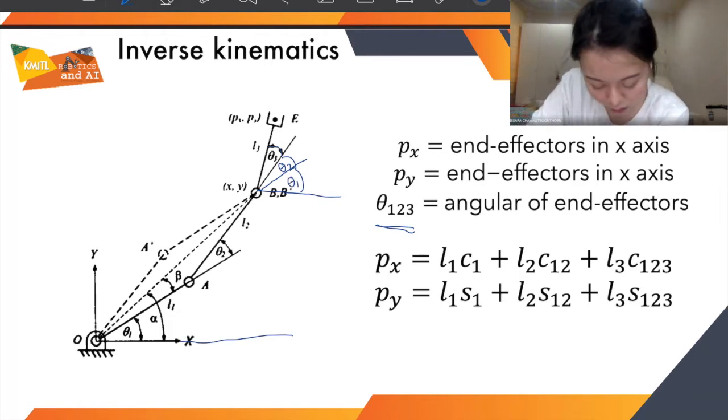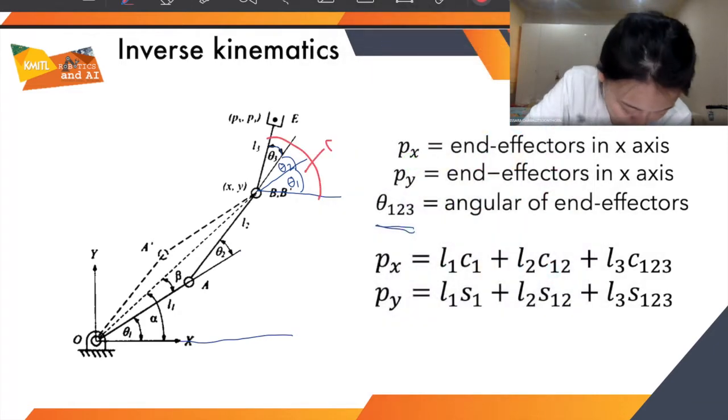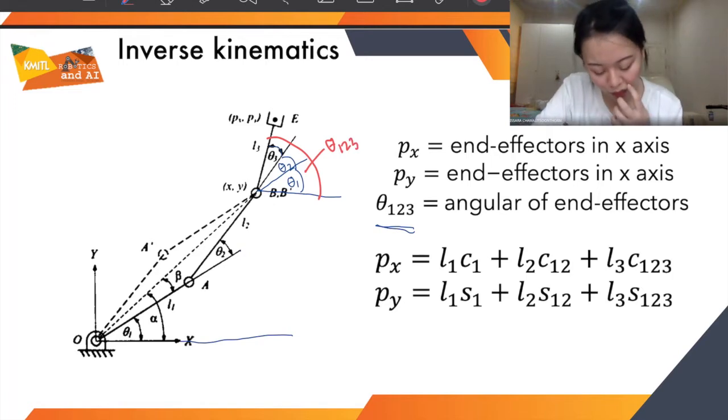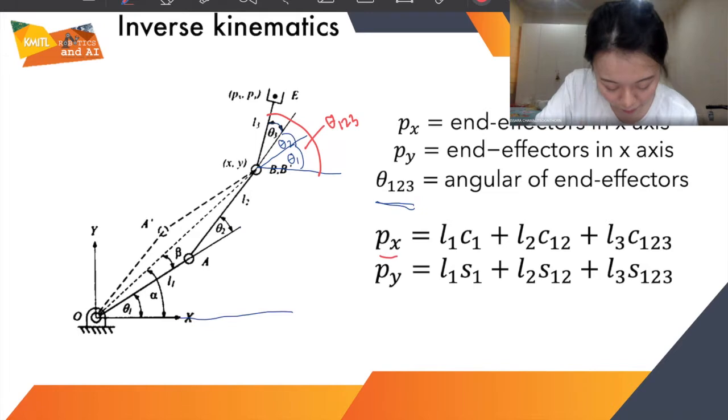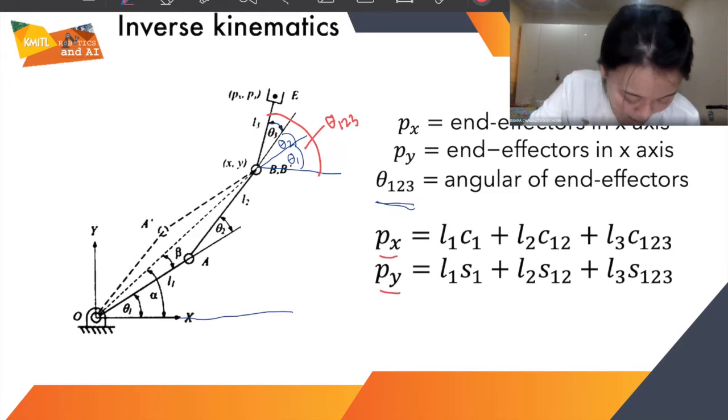So the angle of the end effector will be theta 1, 2, 3. And you can see Px and Py. Px is the end effector position relative to the x-axis.